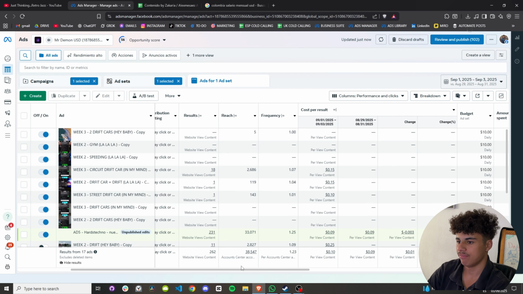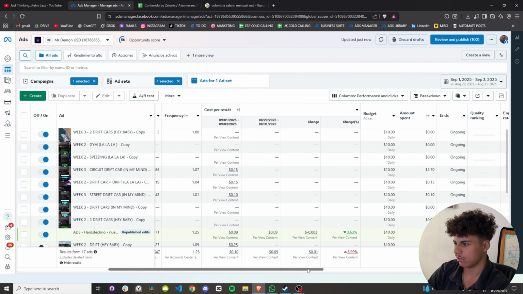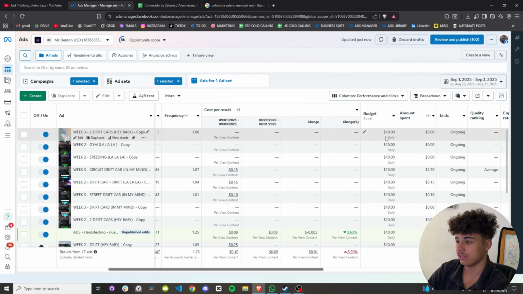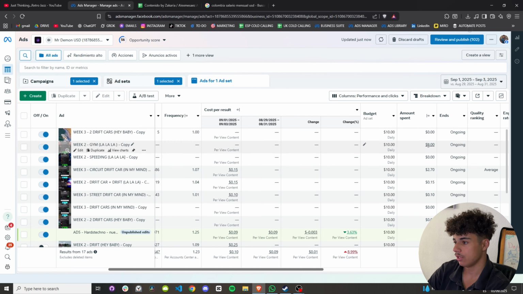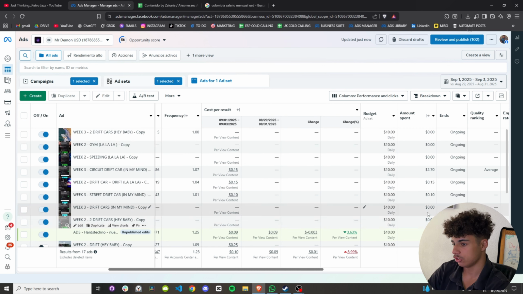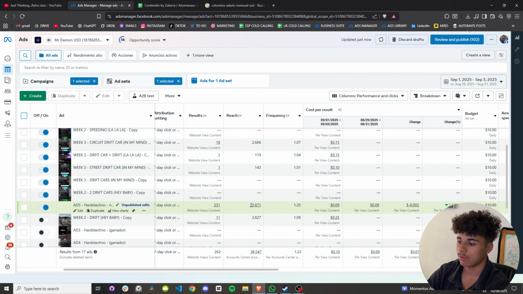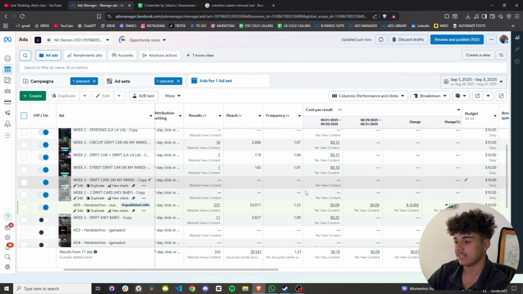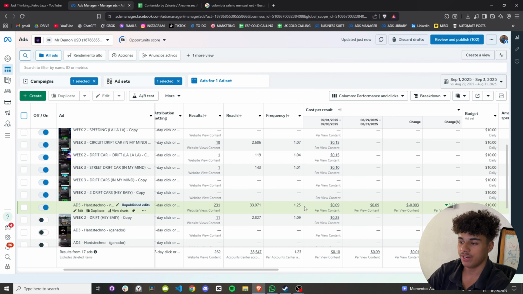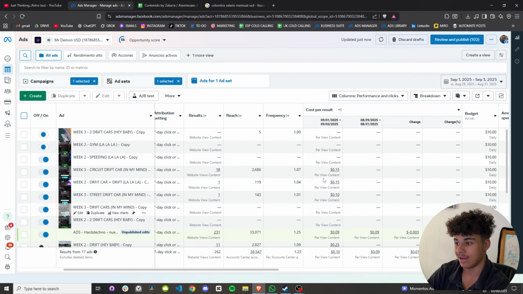If we go to amount spent, you see we have $10 daily, and it's not being tested at all. So what are we going to do? We see right now that 2 of all of the ads are winning ads, but all of the other ones are not being tested at all.